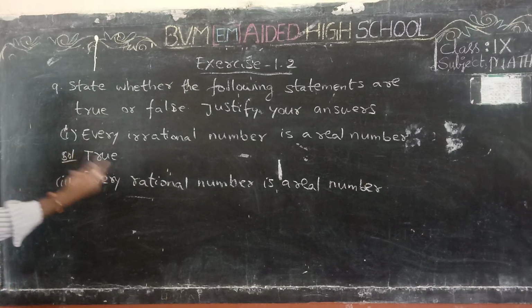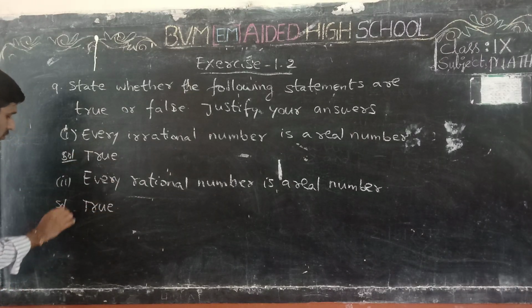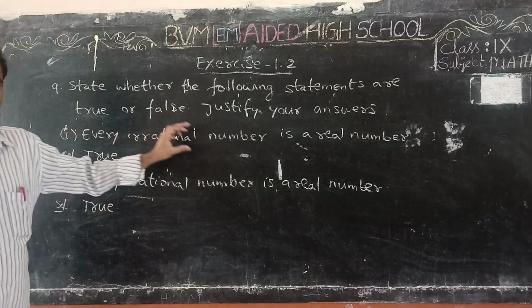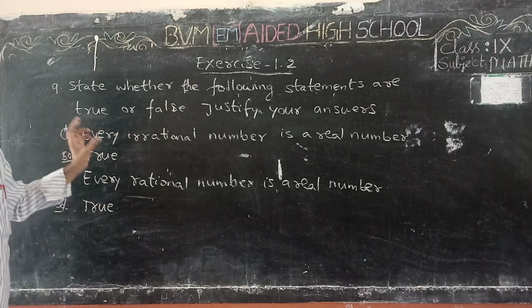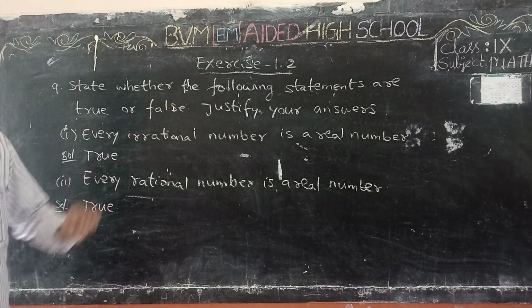So every rational number is also a real number. This is also a true statement. If you want to write the justification, write the definition of irrational number and rational number, and the definition of real number. A collection of rational and irrational numbers is the set of real numbers.